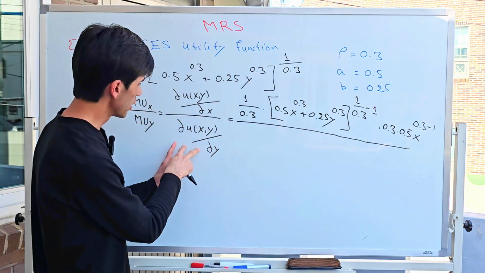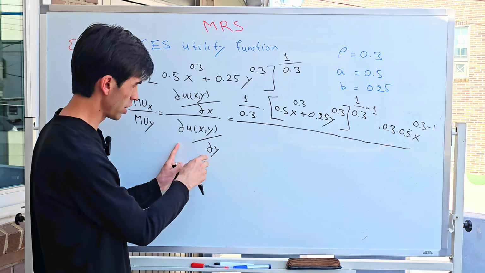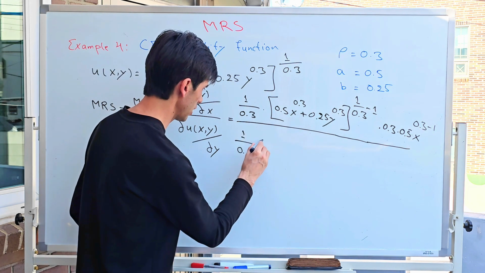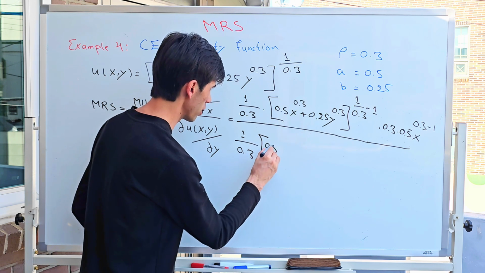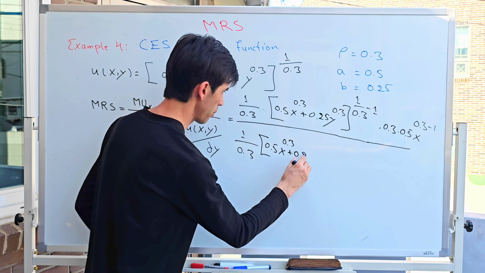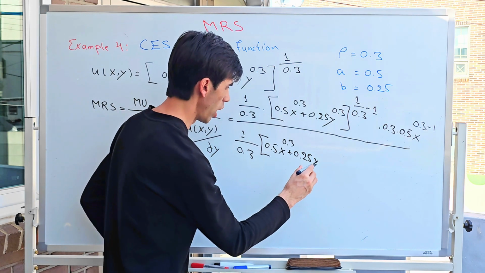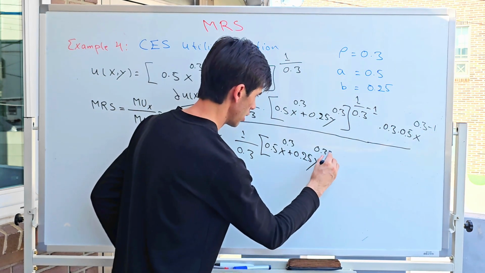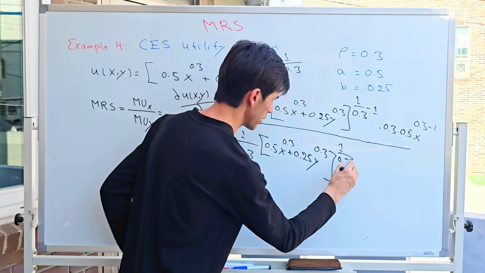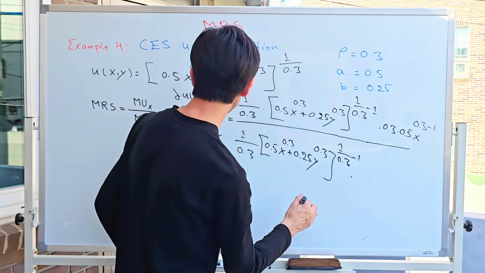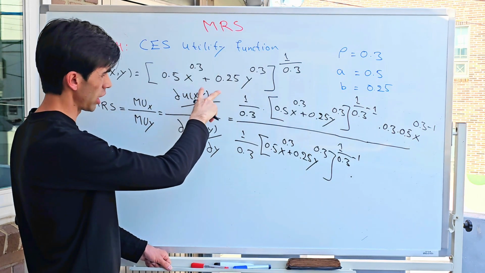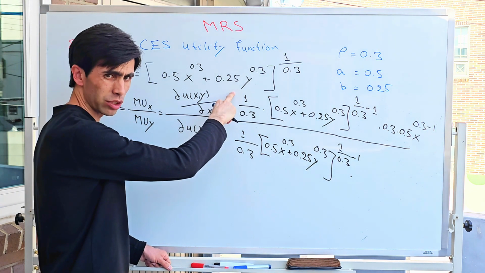Similarly, the partial derivative of the utility function with respect to y is equal to 1 divided by 0.3 multiplied by 0.5 x to the power of 0.3 plus 0.25 y to the power of 0.3, whole to the power of 1 divided by 0.3 minus 1, multiplied by the derivative of the inside function, this time with respect to y.